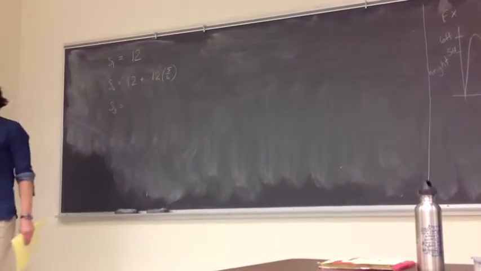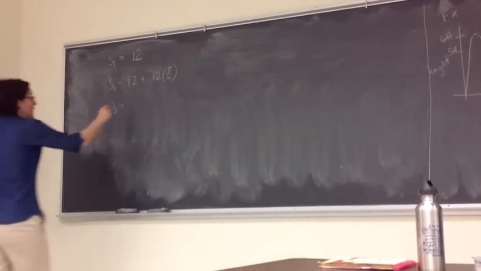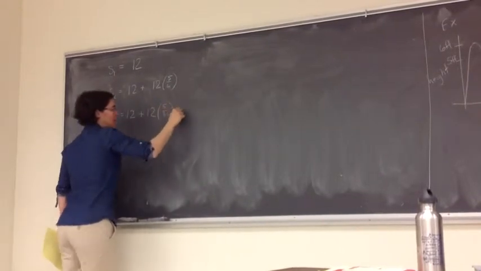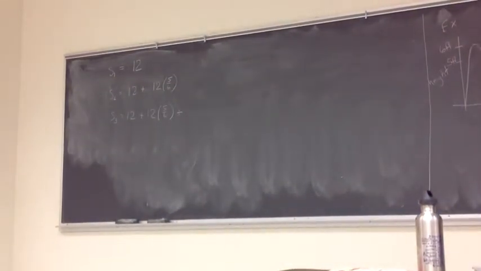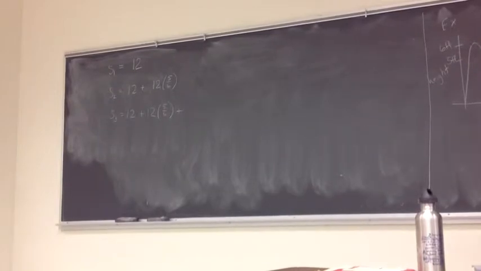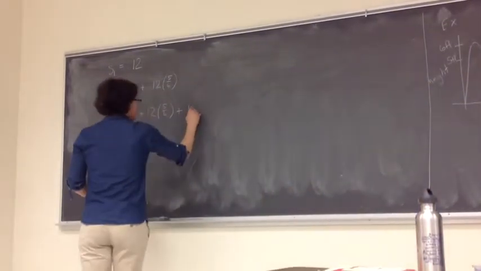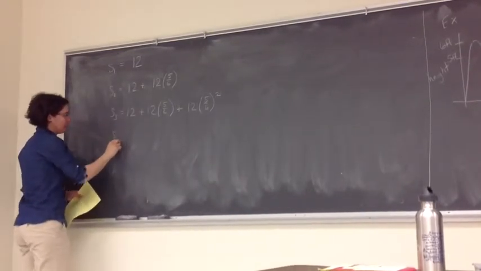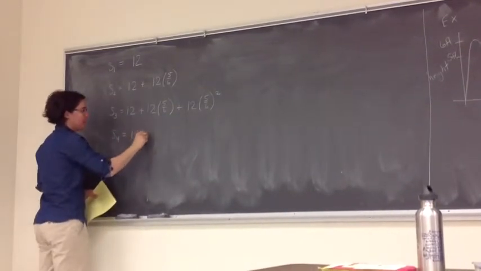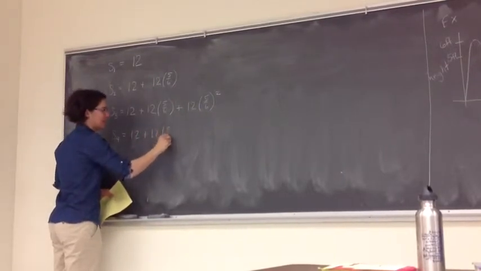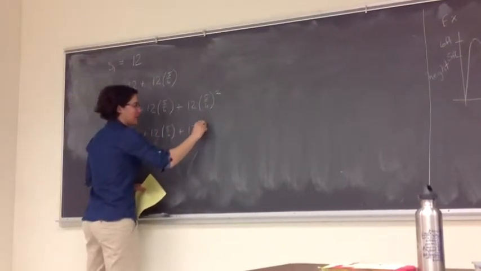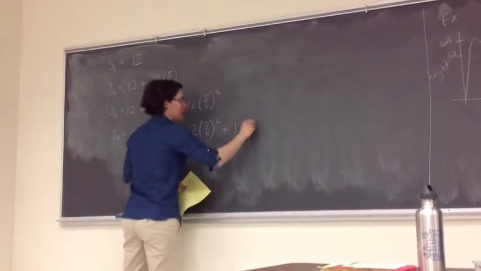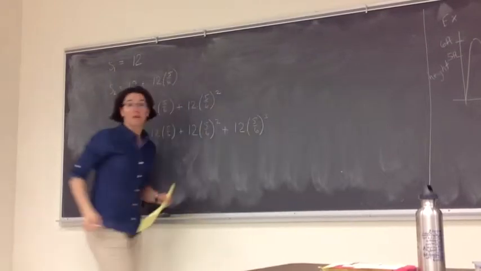And then I'm going to look at 3 terms altogether, so I've got 12 plus 12 times 5/6, and then my third term looks like 12 times 5/6 squared. And my fourth sum, S4, is going to be 12 plus 12 times 5/6 plus 12 times 5/6 squared plus 12 times 5/6 to the third.